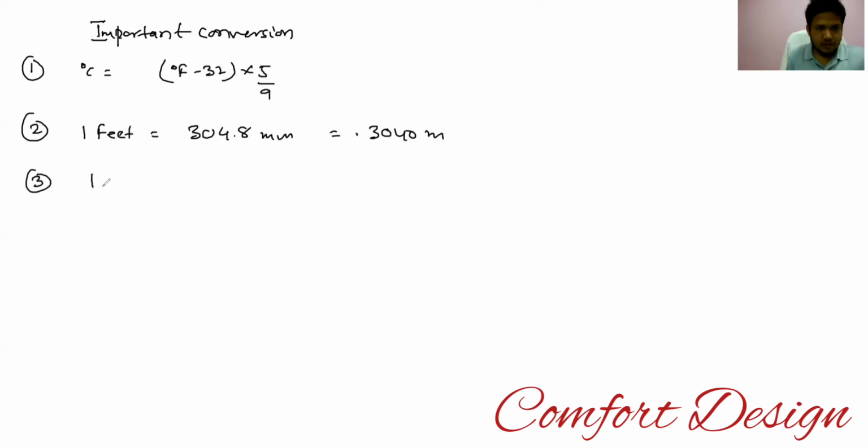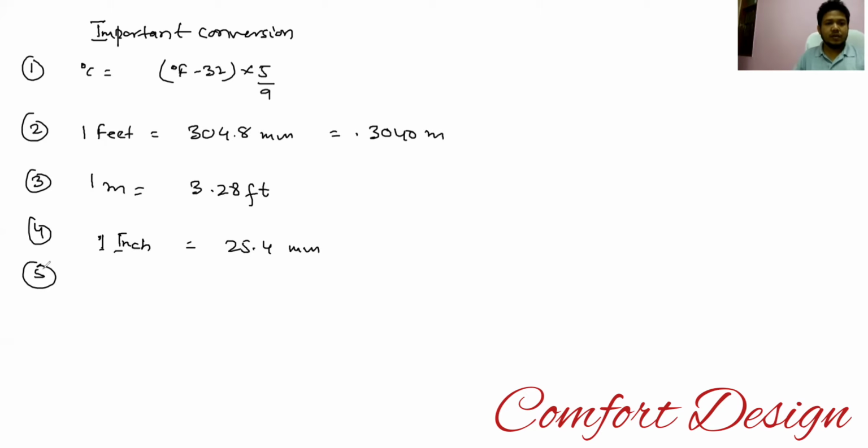Number three, 1 meter equals 3.28 feet. Number four, 1 inch equals 25.4 mm. Fifth number, 1 feet is 12 inches.